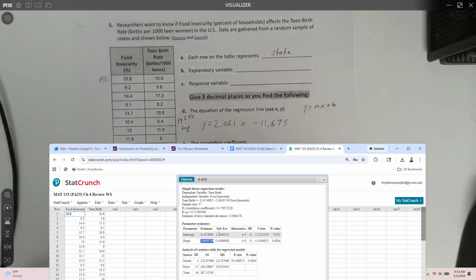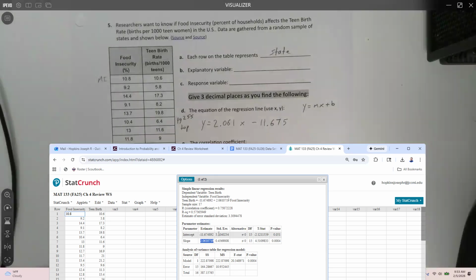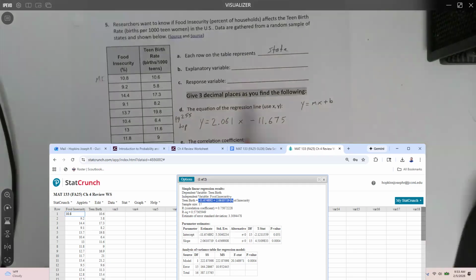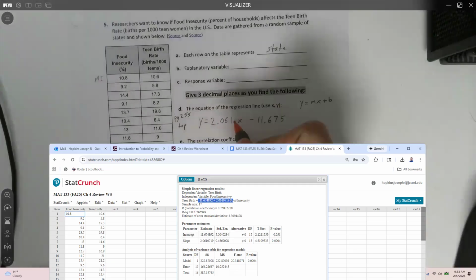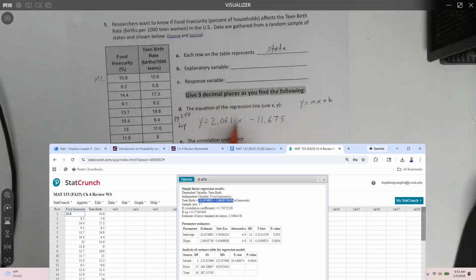You don't have to write it in that order. You could write it in the order they give it to you here, which is negative 11.675 plus 2.061 times x, just as long as you make sure that the x is attached to the 2.061, because that is the slope.